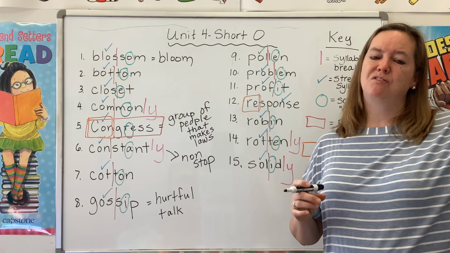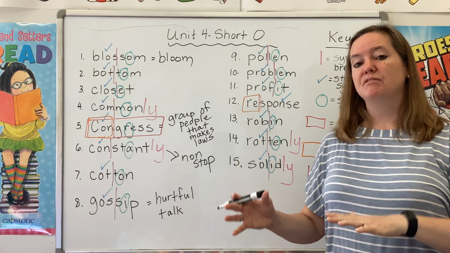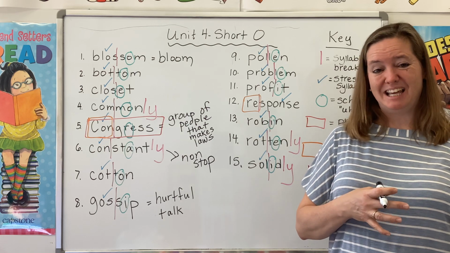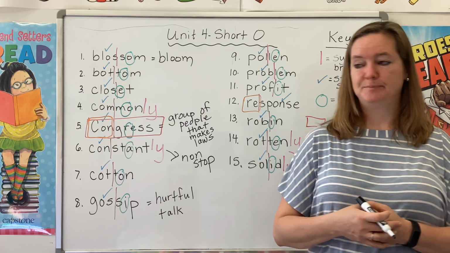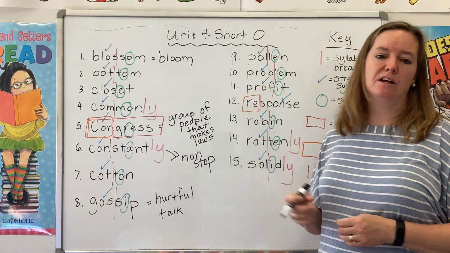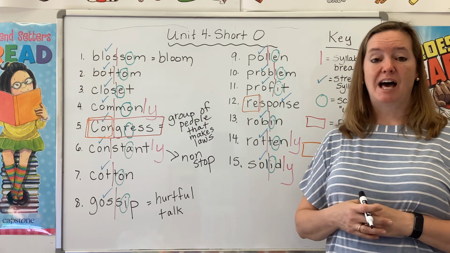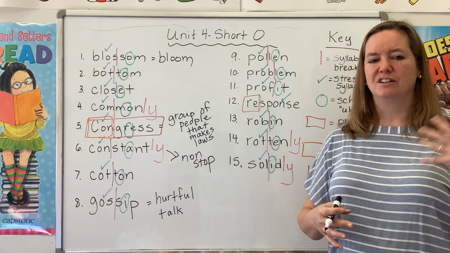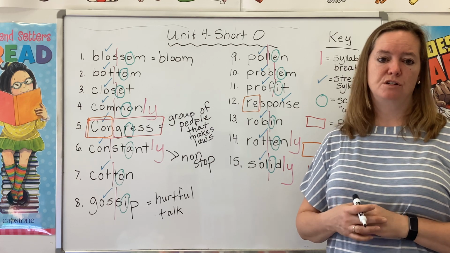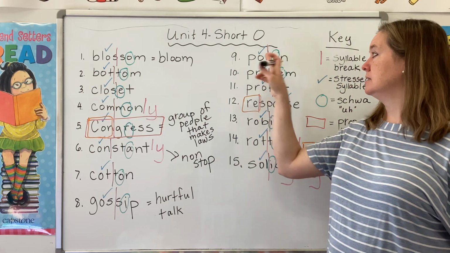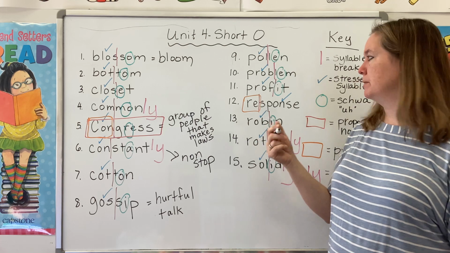So then when they fly to the next plant, they are accidentally delivering pollen to the next plant, and then that plant can use the pollen to produce seeds. You also hear this word in the spring because as plants produce pollen, a lot of people are allergic, so they start sneezing, they get headaches, itchy eyes. A lot of those symptoms are due to an allergy to pollen. Okay, that can be a problem, you know that word.